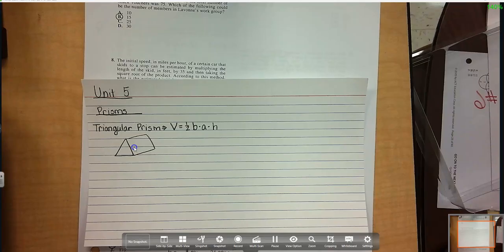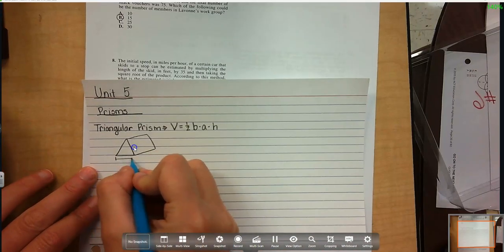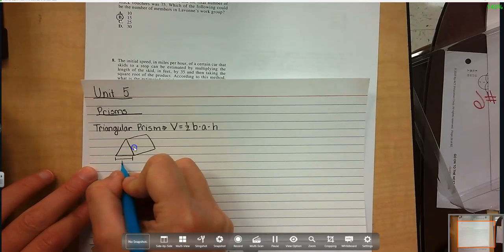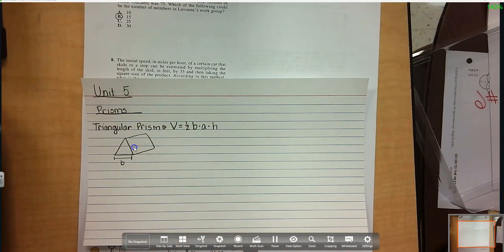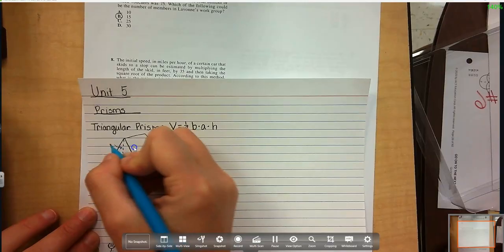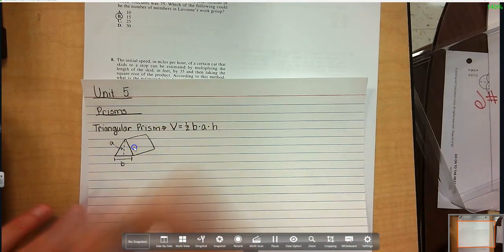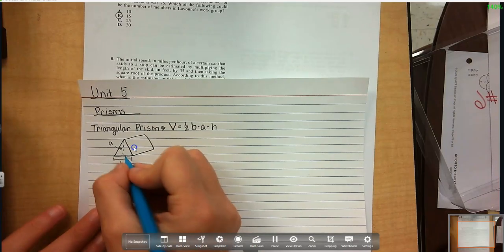Okay, so let's label the pieces of this here. So this side right here would be the base of that triangle. The height of that triangle, or I'm sorry, not the height, let's call it altitude. The altitude would be this side right here.